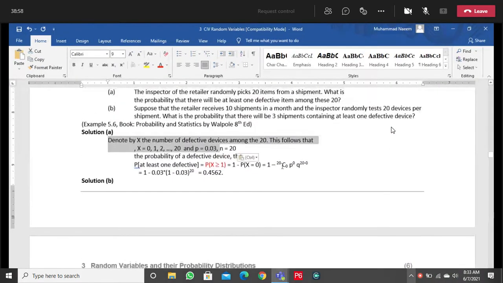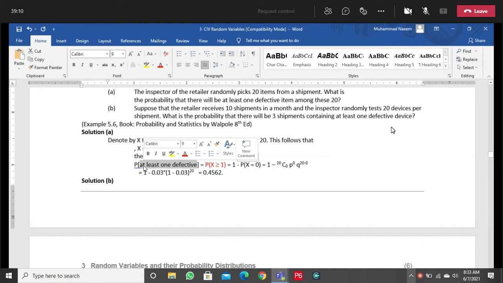So the rest of the problem is very simple. We need at least one, so apply the complementation law: 1 minus the probability of the complement statement of this requirement. At least one is required, so the other side is 0 defective.